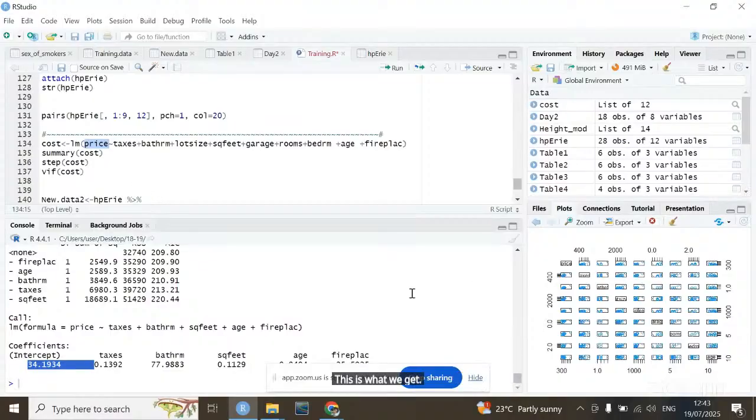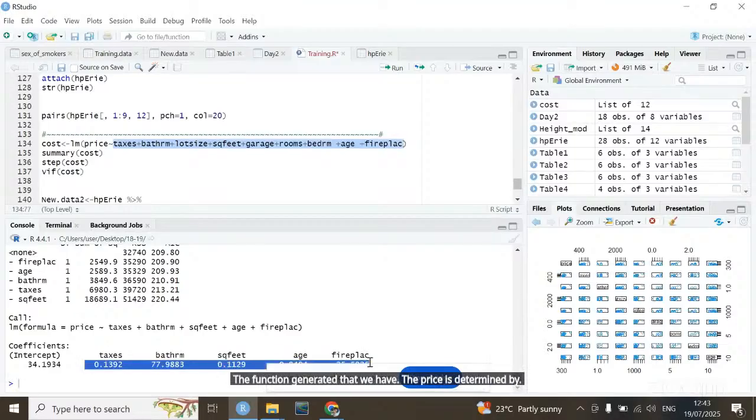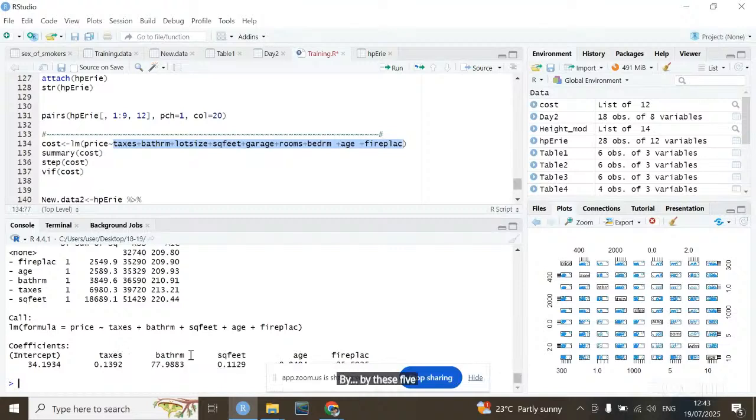Of all the other factors, the function generated says the price is determined by these 5: 1, 2, 3, 4, 5.